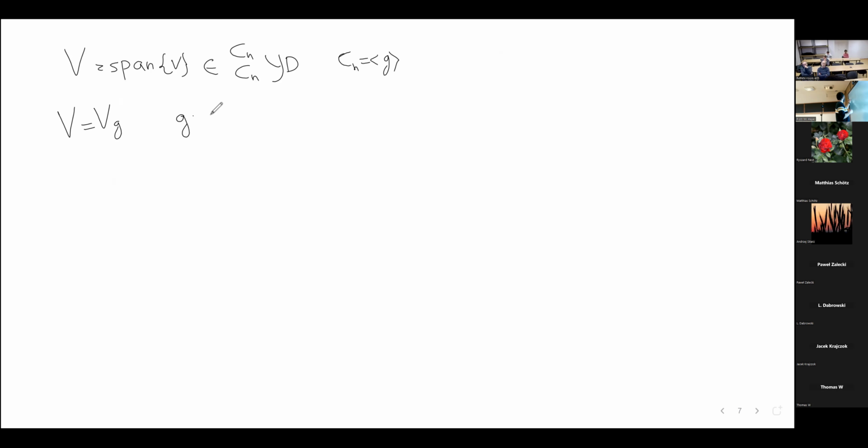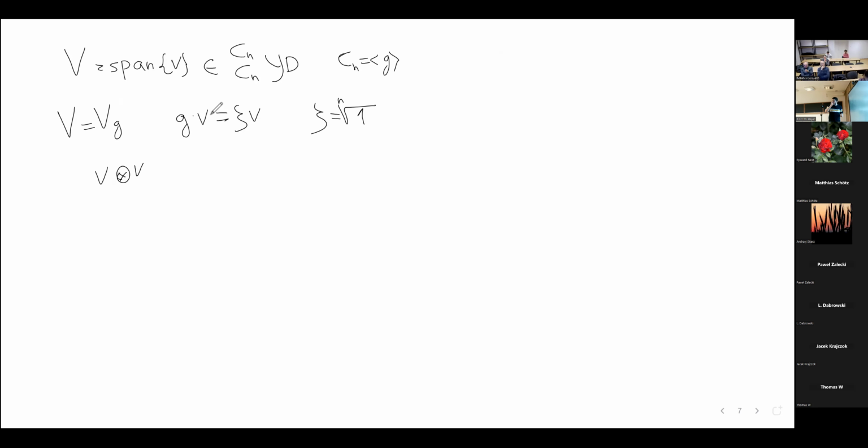And G acting on V is going to be zeta V, where zeta is an nth root of 1. Okay, again, it's possible to check that we get a Yetter-Drinfeld module. And notice that now it's only one-dimensional.